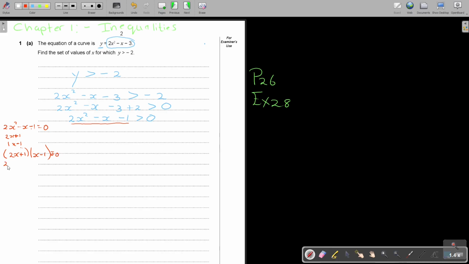So if I say 2x plus 1 equals 0, or x minus 1 equals 0. So x, and I'm just going to take it, it's negative. You can all see it's negative a half. Okay, or that x is 1.